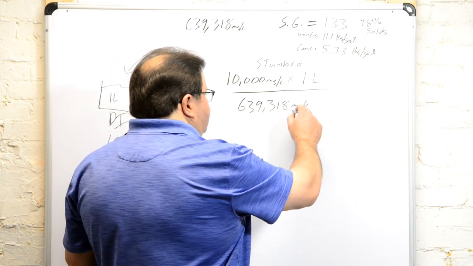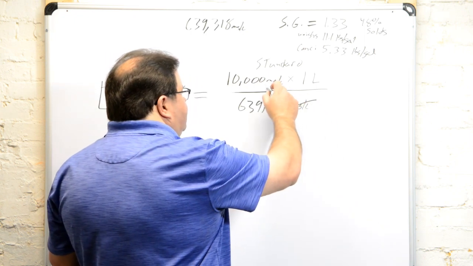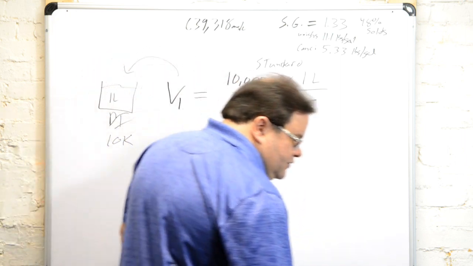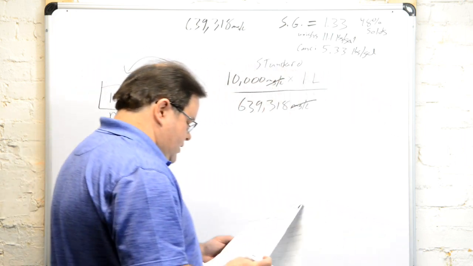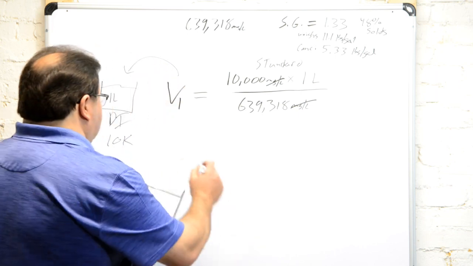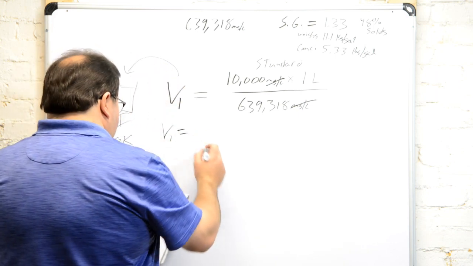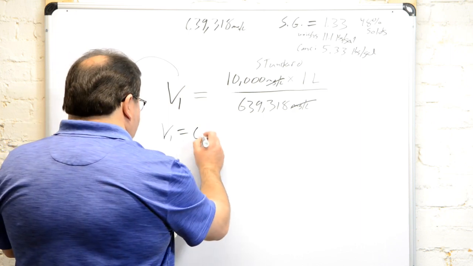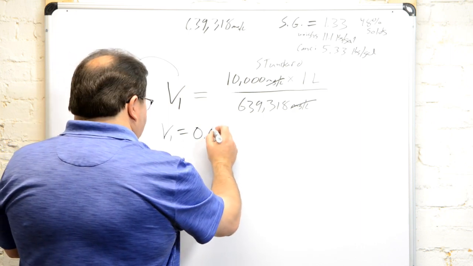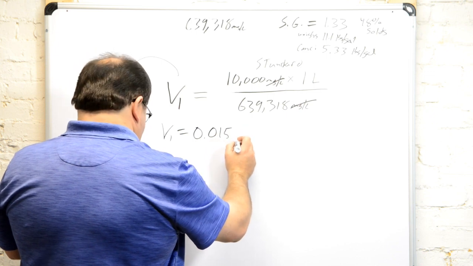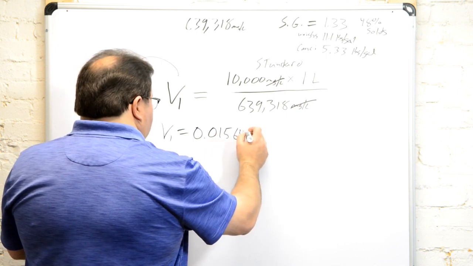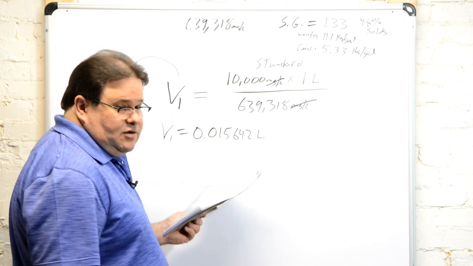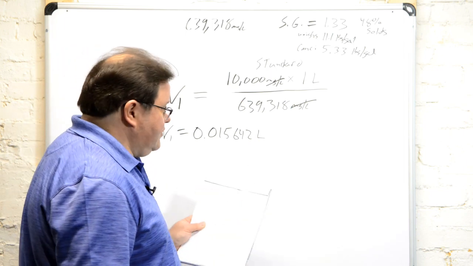So we're going to do the division here. The units are going to divide out again, and V1 is going to equal 0.015642 liters. And nobody say anything to me about significant digits because I don't care.